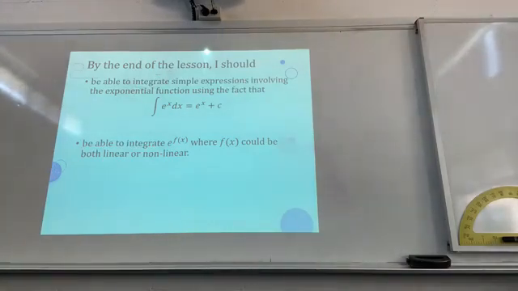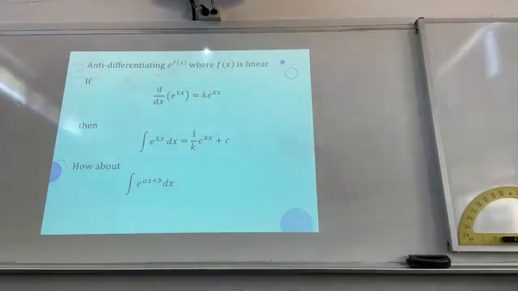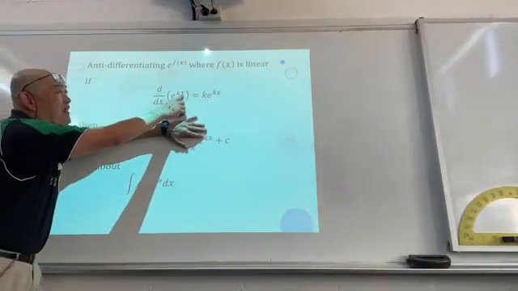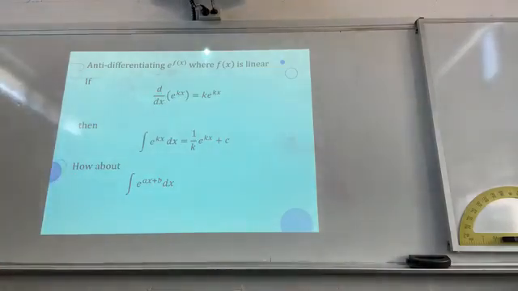The next bit is you must be able to integrate e to the power of f(x), where f(x) could be either a linear or non-linear function. Now, anti-differentiating e to the power of f(x) when f(x) is linear. First, we know that d/dx of e to the power of kx is k e to the kx, right?